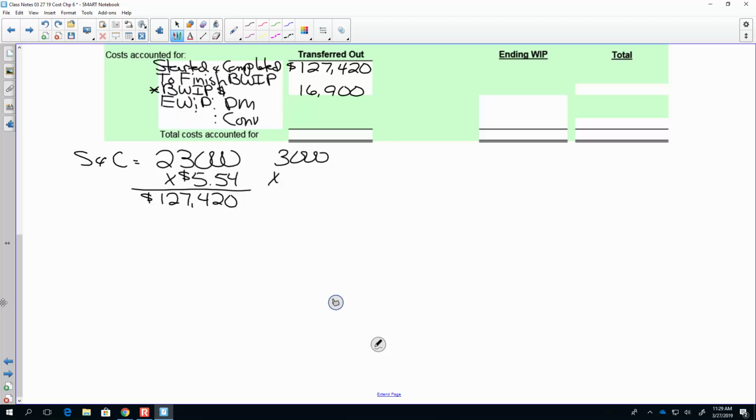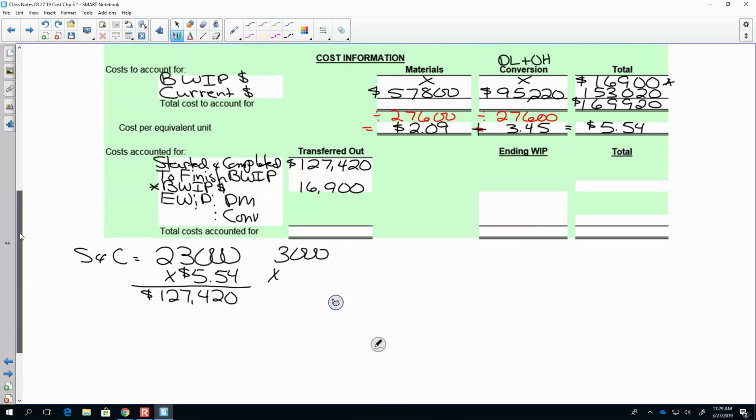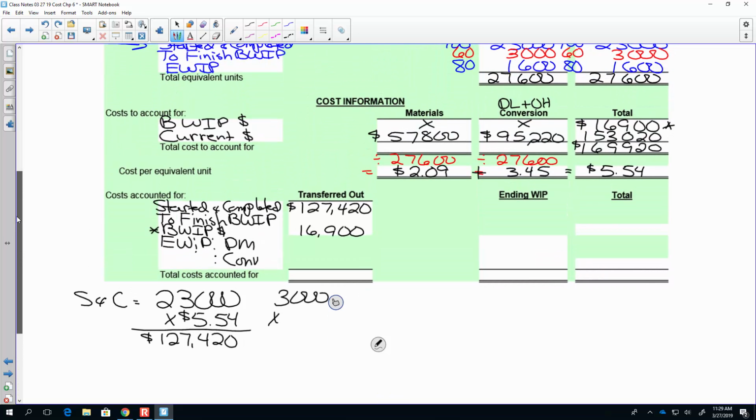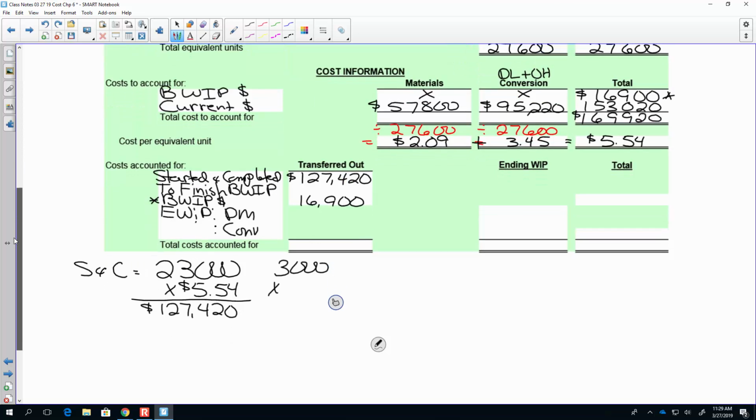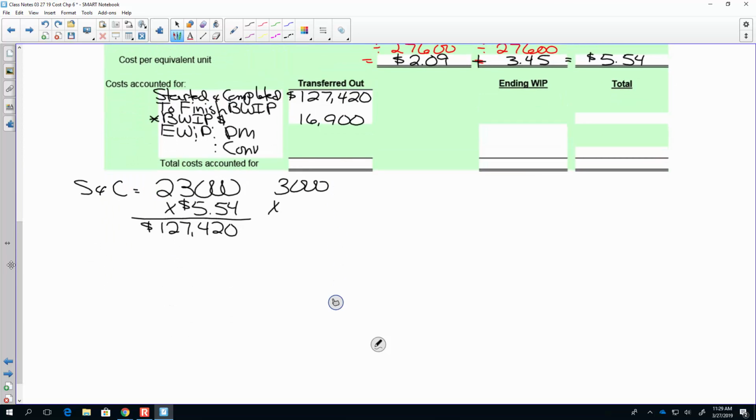Wouldn't that be the 554 as well? Yeah, it should be the 554 because those were done, right? So these are all things that were transferred out. So the full cost, 554 again. $16,620.